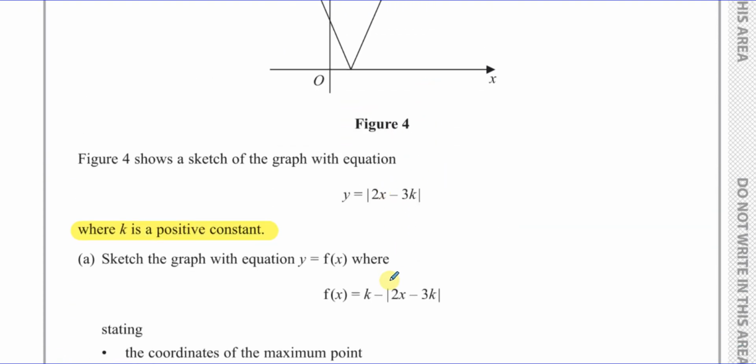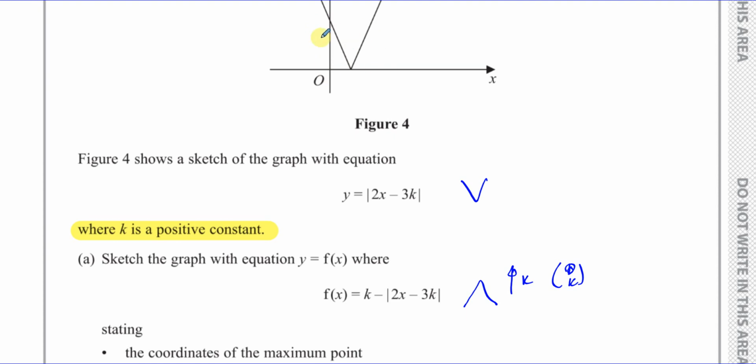It's going to be one upside down. Instead of having this shape, it's going to have a V shape that's upside down. And secondly, it's going to be translated by k units upwards, a 0, k translation. So two things are going to happen: its shape is going to be an upside down V shape, and its vertex is going to be up here somewhere.